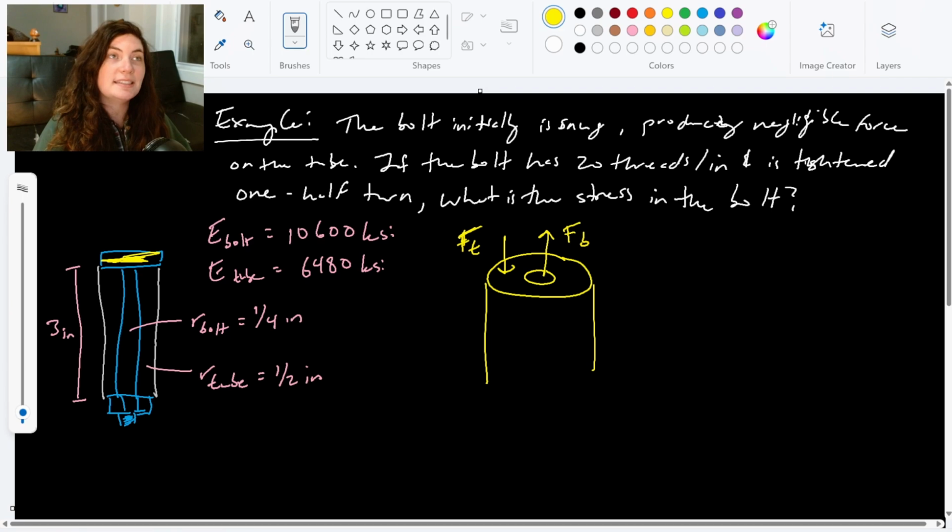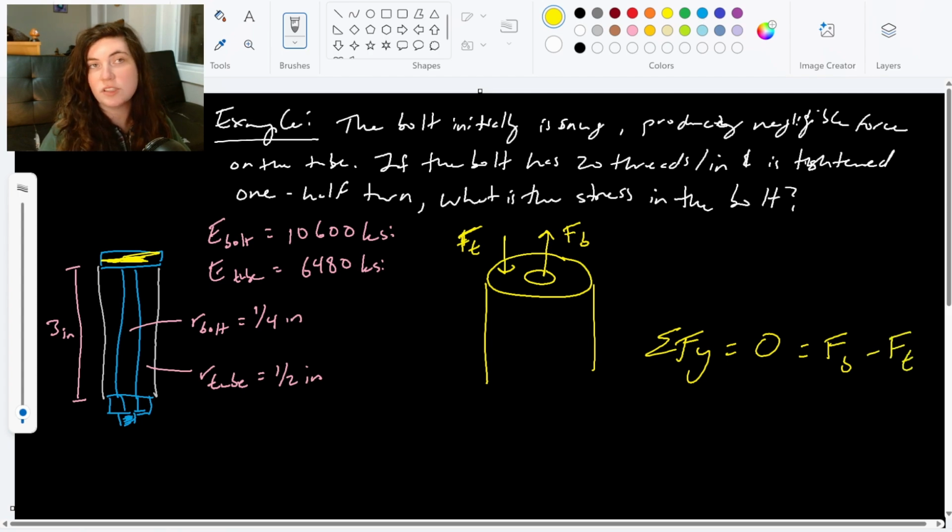So this is kind of a representation of a free body diagram. Really what this does is allow us to set up an equilibrium equation, right? So here, the sum of our y forces is 0, which is just going to be the force in the bolt minus the force in the tube. Thankfully this gives us a really simple relation: the force in the bolt has to equal the force in the tube.